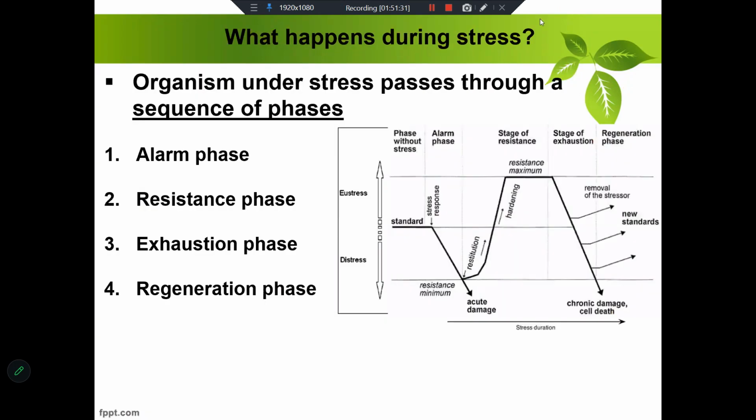The next topic is what happens during the stress condition. I think it's 4 o'clock. Is there a difference between acclimatization and acclimation? I don't think there's a difference.